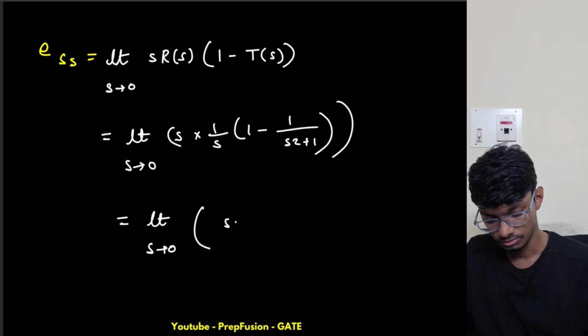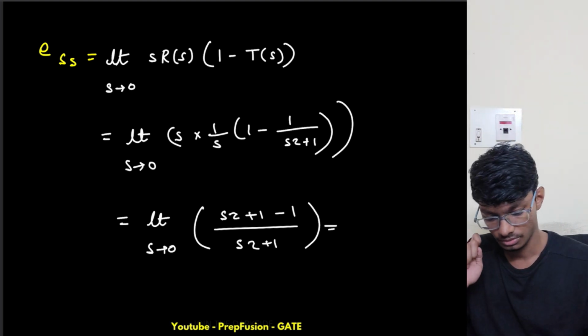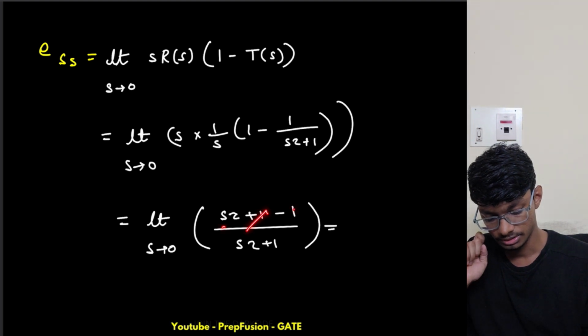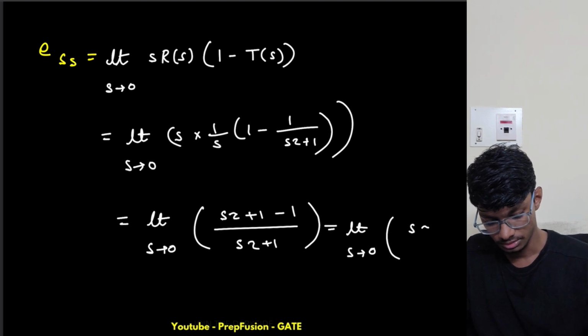This is S tau plus 1 minus 1 over S tau plus 1. So basically this is S tau, the 1s cancel out, and I have the limit S tending to 0 of S tau by S tau plus 1.